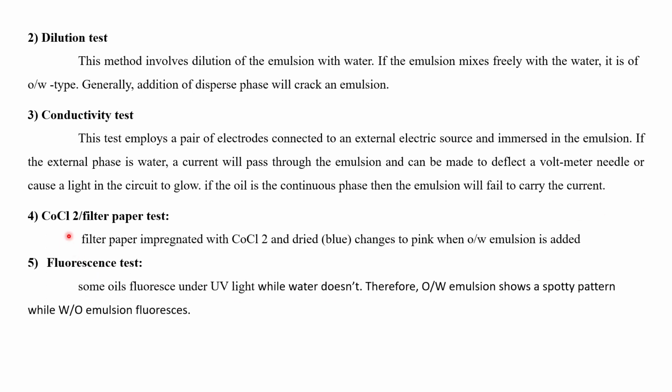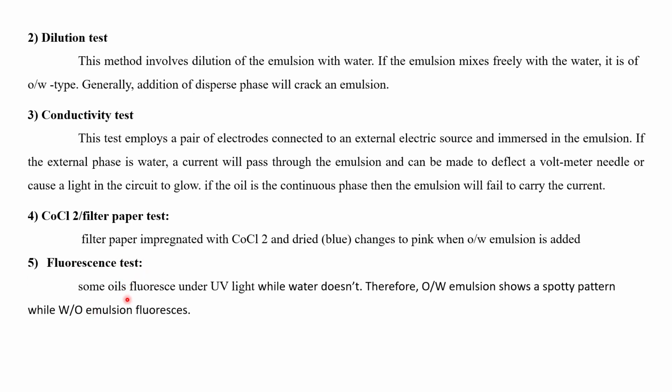Then the other two tests are the cobalt chloride test or filter paper test. Here filter paper is taken, impregnated with cobalt chloride, and dried. If the color changes to pink, we call it an oil in water emulsion. Then the fluorescence test.